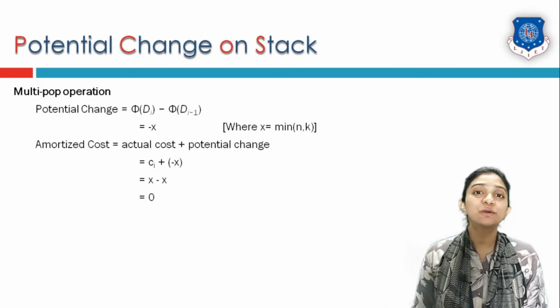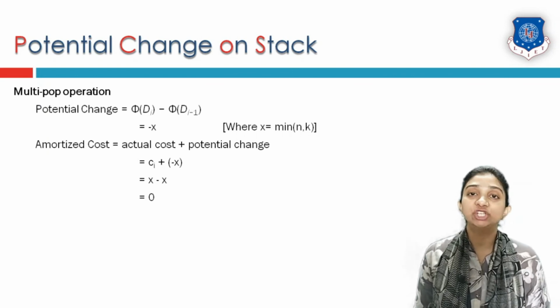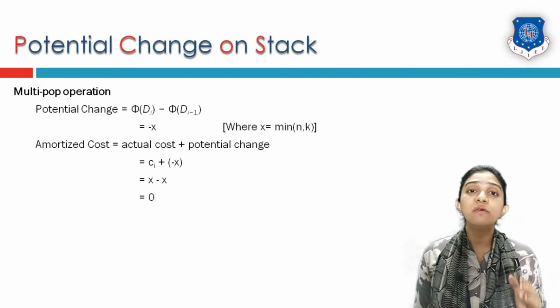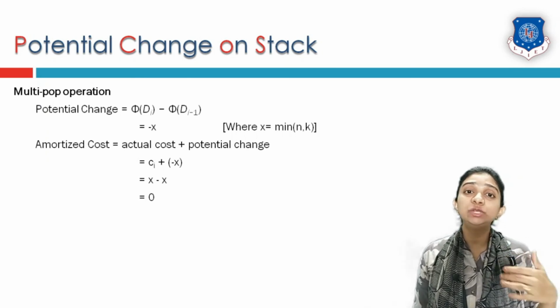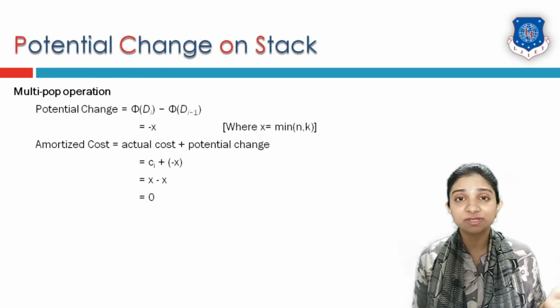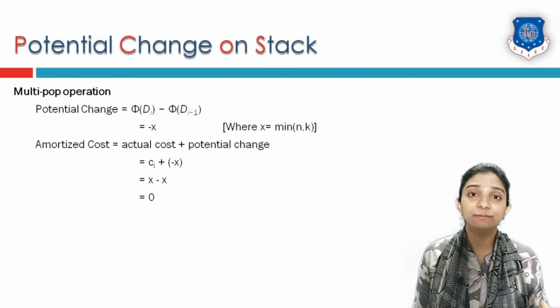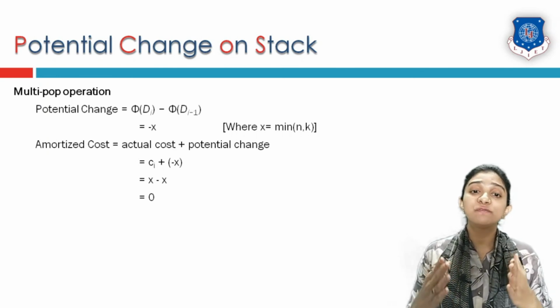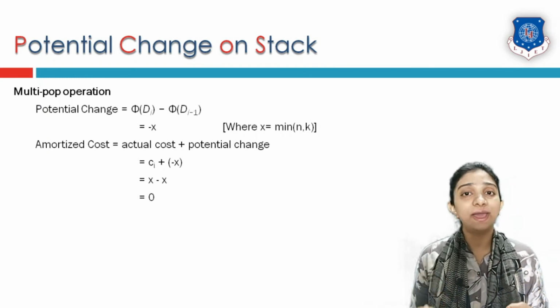Now the amortized cost of multi-pop is actual cost plus potential change. To remove x items, or I would say to remove k items, I need to check k times whether the stack is empty or not. If it is not empty, we call pop that many times. So the actual cost of performing the multi-pop operation is x, which is the minimum of k comma n.